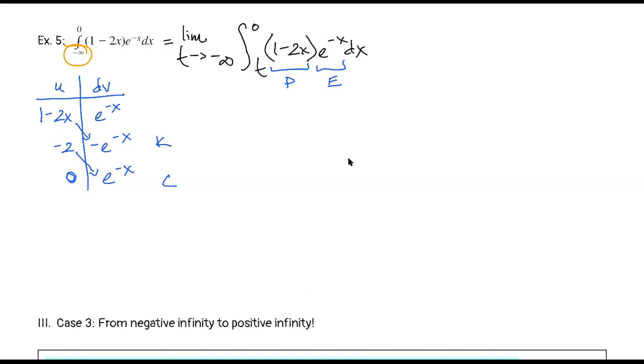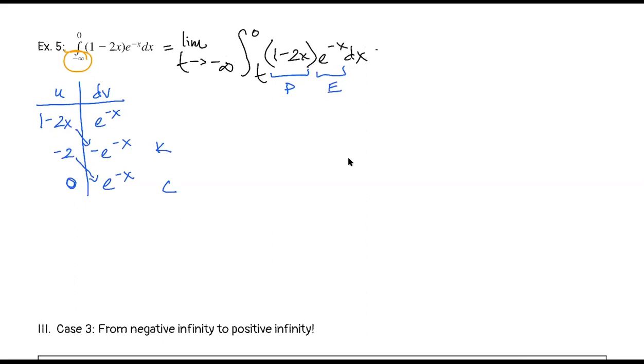And so this is going to give me the limit as t approaches negative infinity of 1 minus 2x times negative e to the negative x. And then minus a negative, so plus 2e to the negative x.